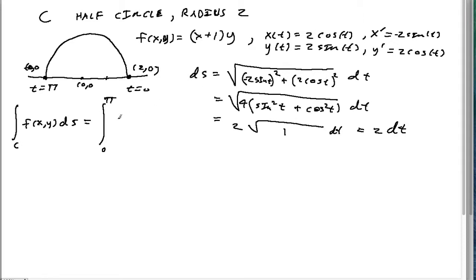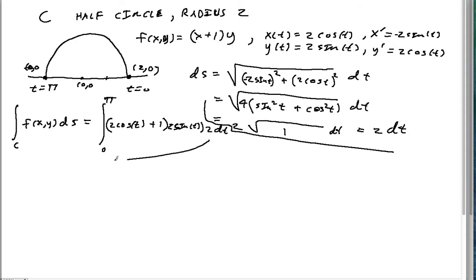So x is 2 cosine t plus 1, times sine of t, times 2, that's a 2 sine t, times 2 dt. Oops, sorry, I'm running out of a little space there. All right, so we can bring that over here and compute this out.